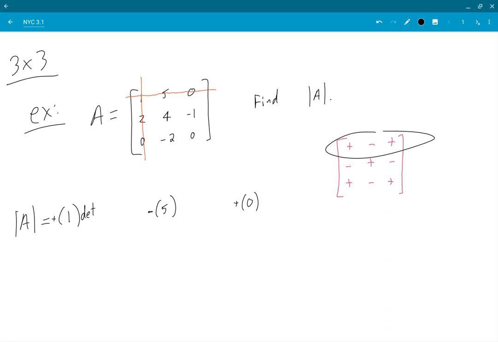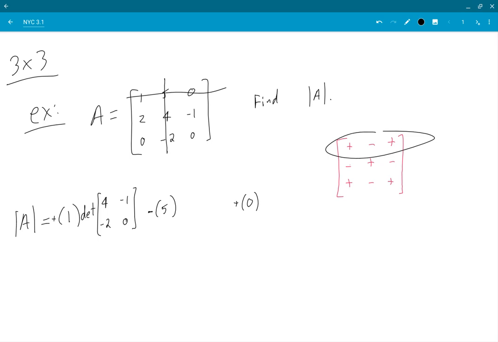But as a determinant, so 4, -1, -2, 0. Okay, to repeat, I deleted the column that the 1 appears in, and I deleted the row, and then I took the determinant of what's left, and I put it right there. Continue. Same thing with the 5.